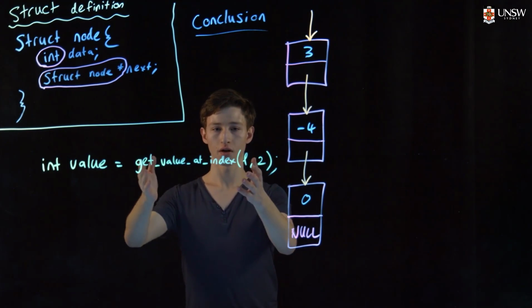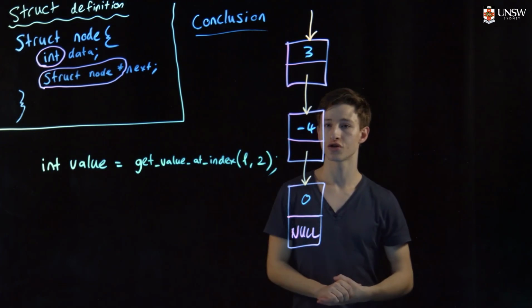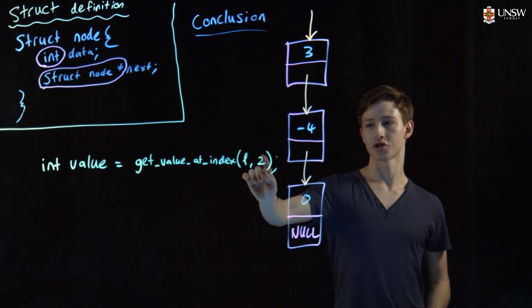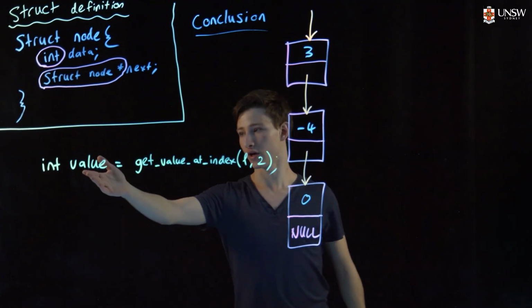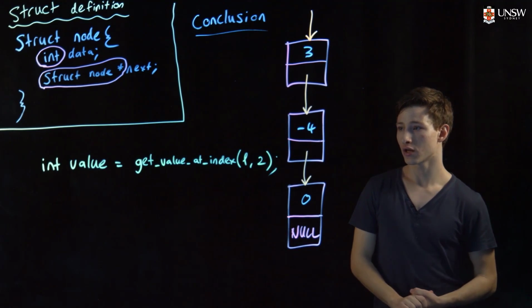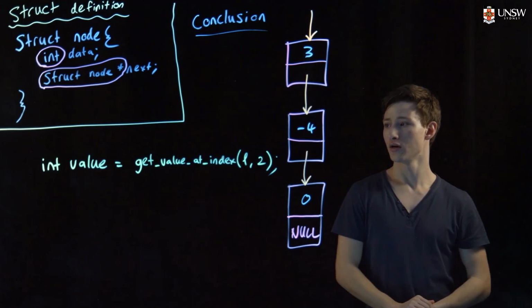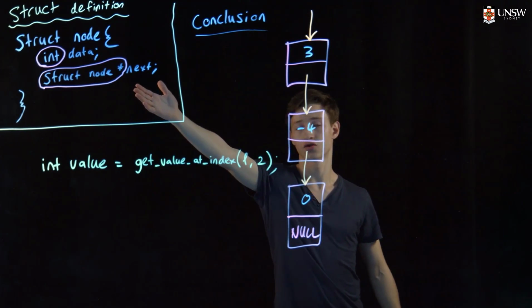Given a list L and a number 2, it'll get you the value stored at the second position. So this should return -4, which you'll now store in value, and then you can print that out or use it wherever you'd like. So I'm going to leave you to think what your function definition would look like and everything else. You can use this struct definition over here.